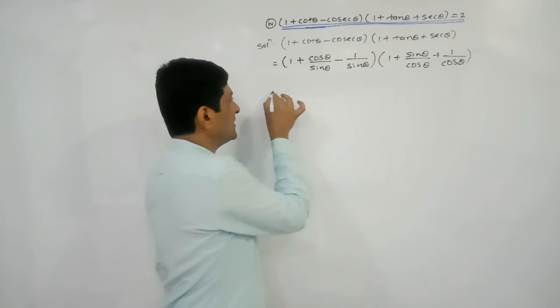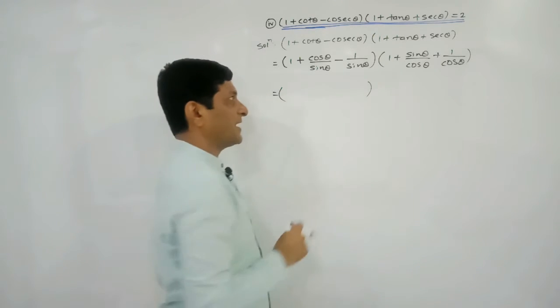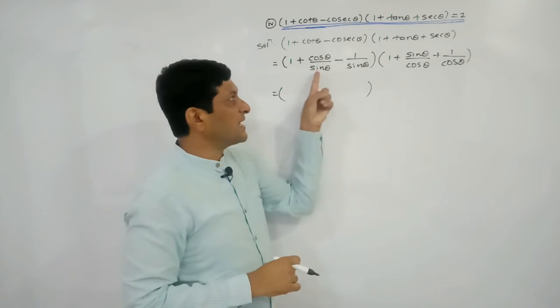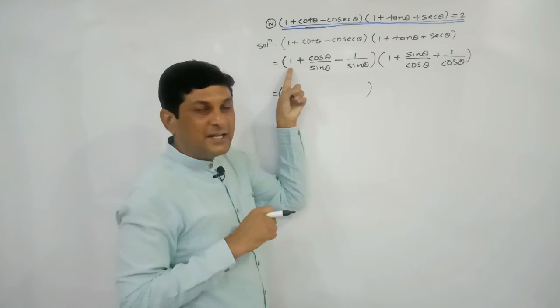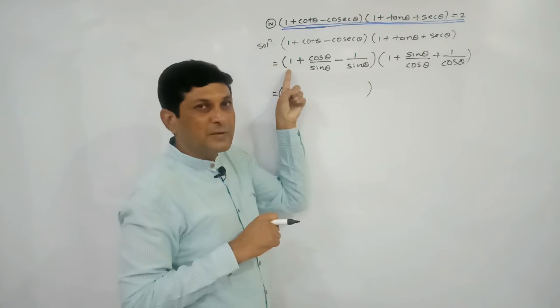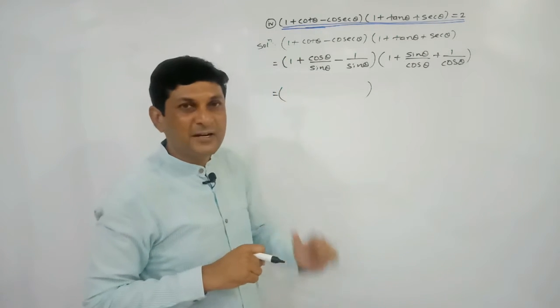So which is equals to, now if you will observe the first bracket, denominator of 2 term is sine. To get sine in the denominator, we have to multiply here by sine, and since we are multiplying the denominator by sine, we have to multiply the numerator also by sine.